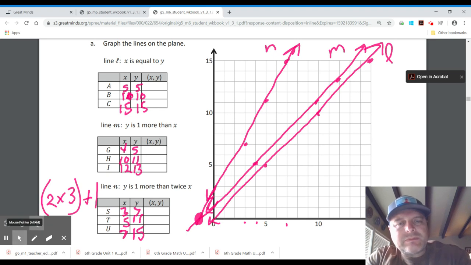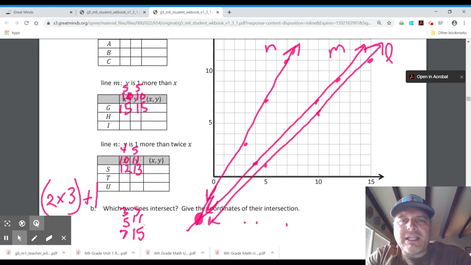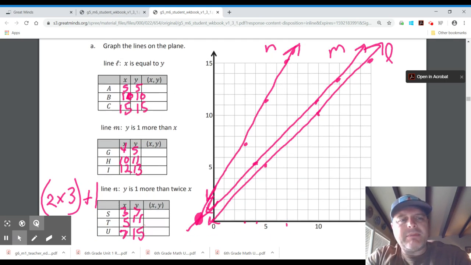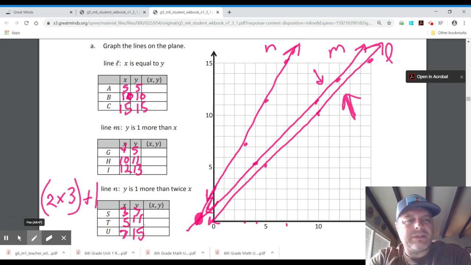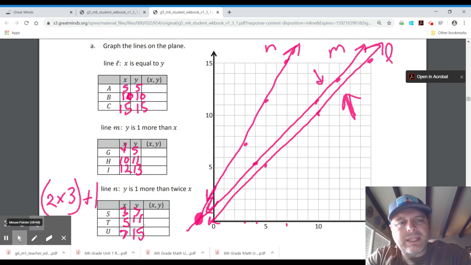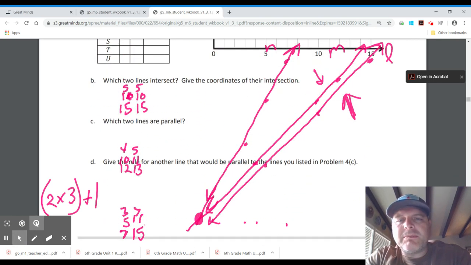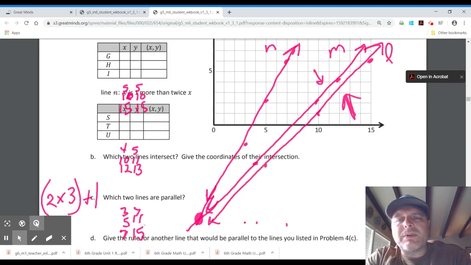Okay, that's letter B. Letter C says, which two lines are parallel? Well, we said that before, that M and L, you can see that M and L right here. These two lines, this one and this one, are parallel. They go right next to each other without intersecting. Okay. And it says, give the rule for another line that would be parallel to the lines you listed in problem 4C.